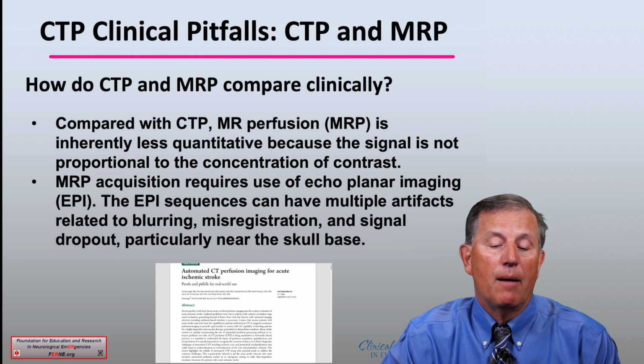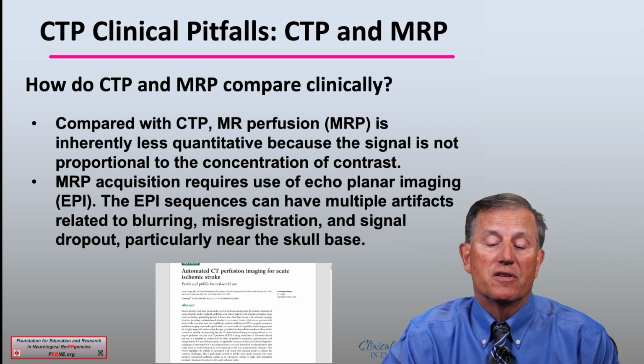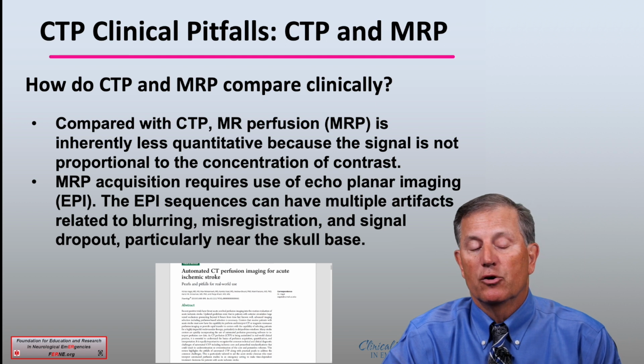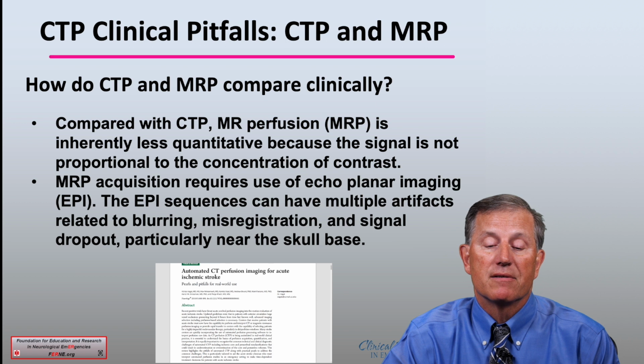And we know that MRP requires the use of echoplanar imaging, and they can have multiple artifacts with the use of this because of any blurring or misregistration or signal dropout, especially near the skull base.